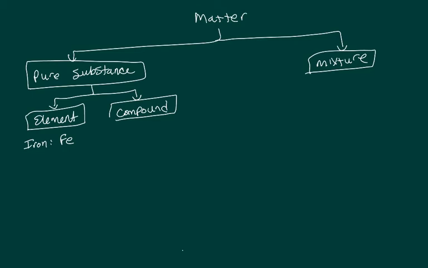A compound is a combination of those elements that are chemically bonded. So it's a combination of elements that are chemically bonded, and that is a key point there. So when we have H2O or water, we know that it's chemically bonded like so.